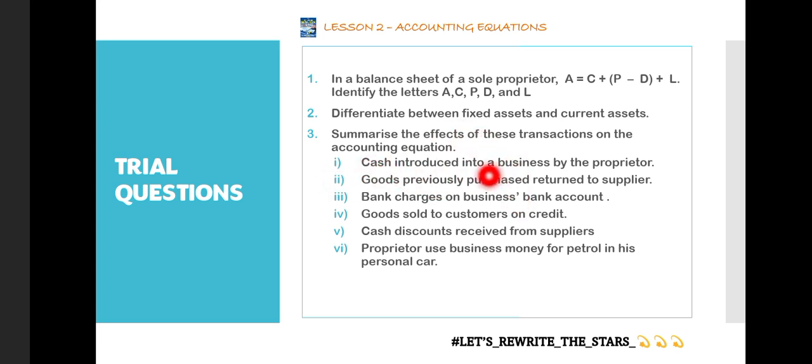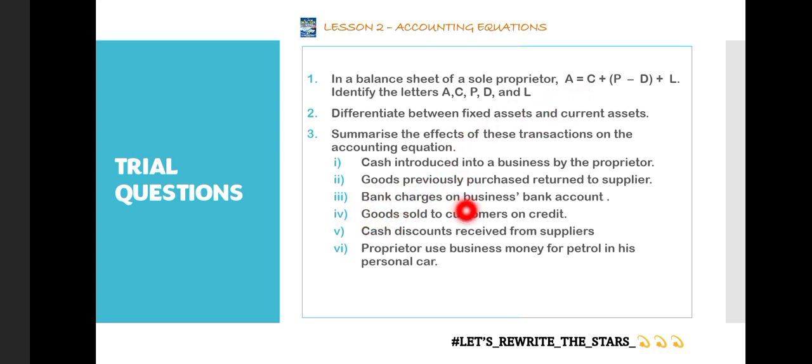So what do you think will be the effects of the transaction on the accounting equation? And then the third one, bank charges on business bank accounts. So the charges that they are charging us for the bank account, what would be the effect of this transaction on the accounting equation?